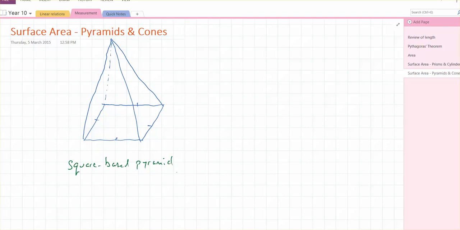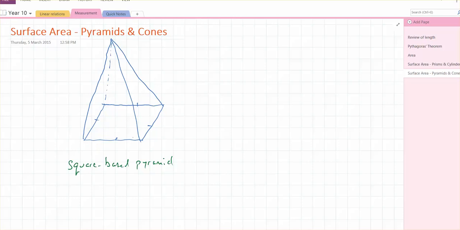Okay, and in order to find its surface area, which is our task in this lesson, we would need to have a look at the area of all faces of the pyramid. And if we have a look at it, we've got a square base here, and then we've got a series of triangles. We've got 4, 1 on each side of the base. So we've got 5 faces in total, and we would need to sum those up to find the total surface area.